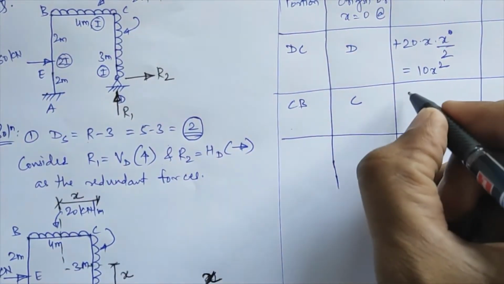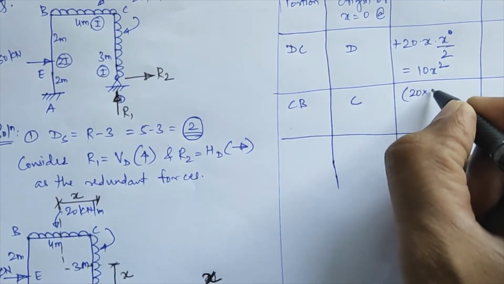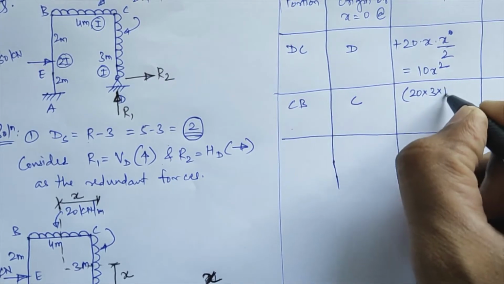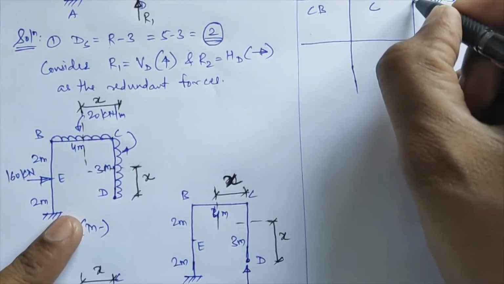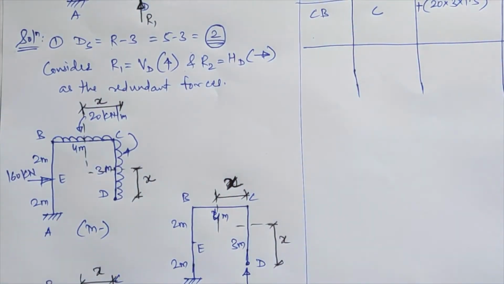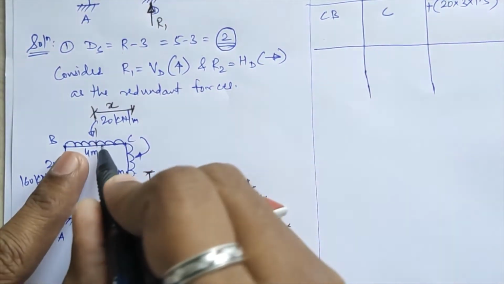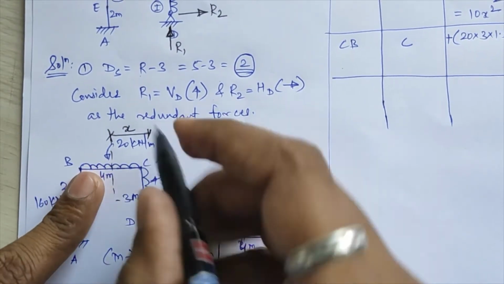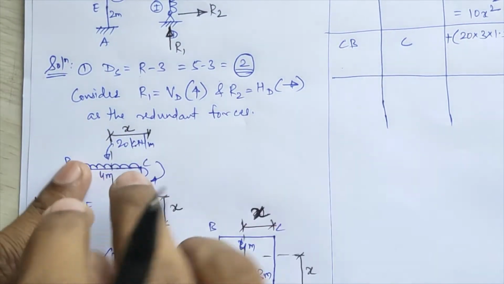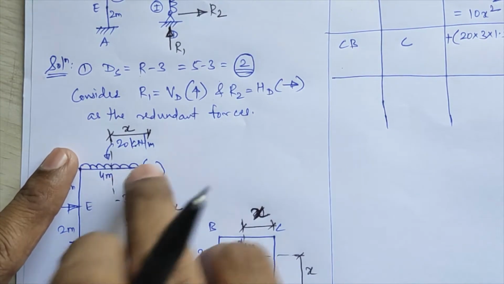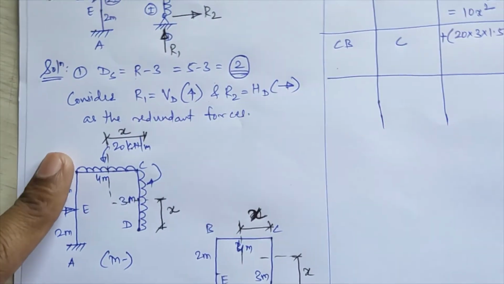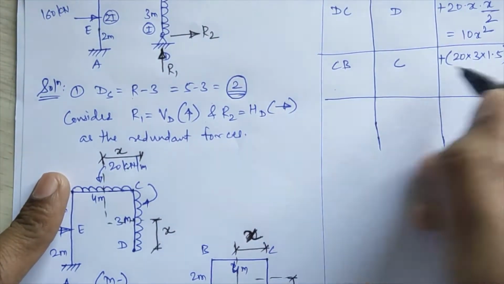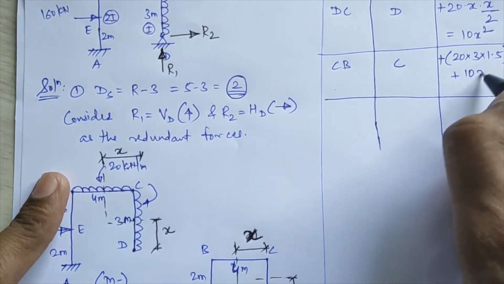So that will be total 20 into 3 into half of 3, or you can take 3 by 2, and that moment will again be clockwise, so it will come positive here. Next, the moment of the remaining 20 kN per meter horizontal UDL will be intensity of UDL multiplied by its acting length x, multiplied by its lever arm x by 2. So this again I'll get as plus 10x square.